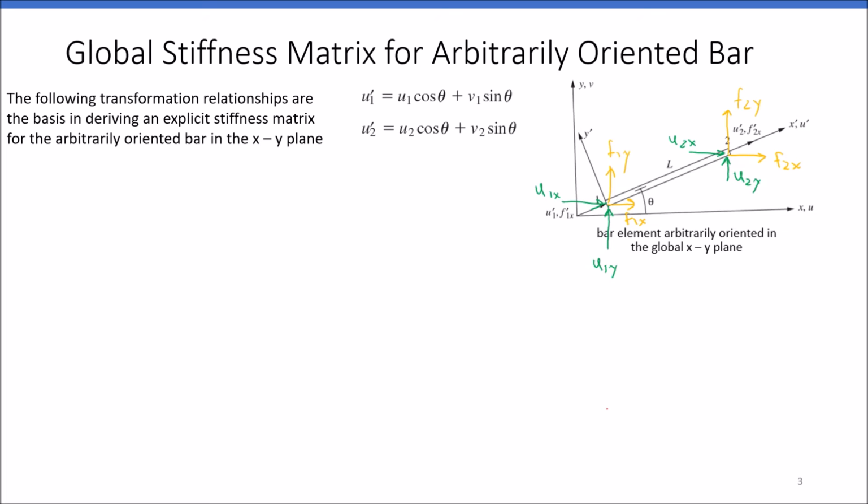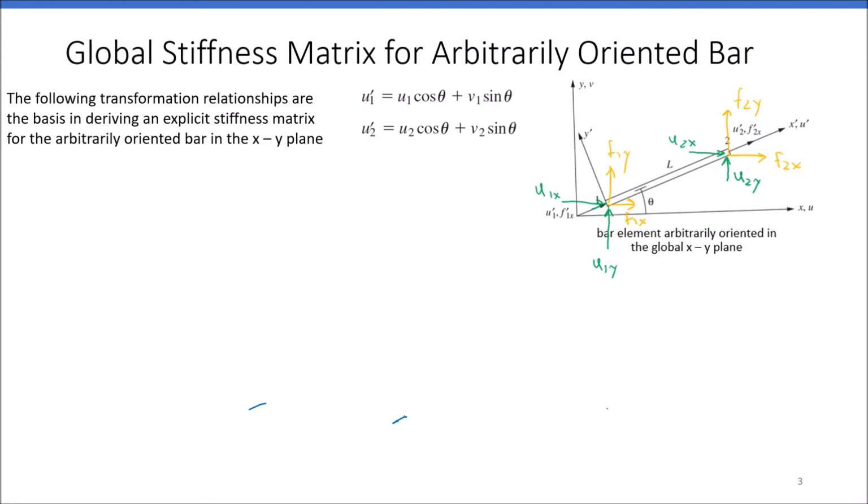Our first step here would be to relate the local nodal displacements to the global nodal displacements. So I'll be looking at my transformation equations that we derived earlier. So I can write u1 prime is equal to u1 cosine theta plus v1 sine theta.